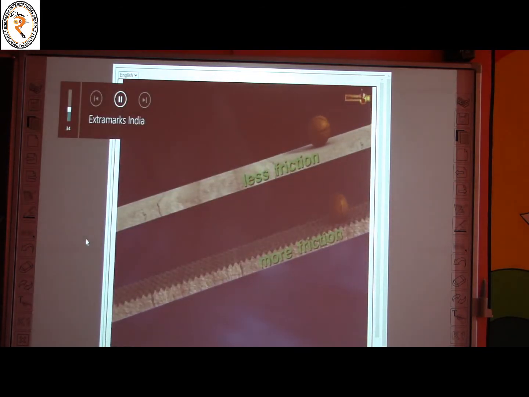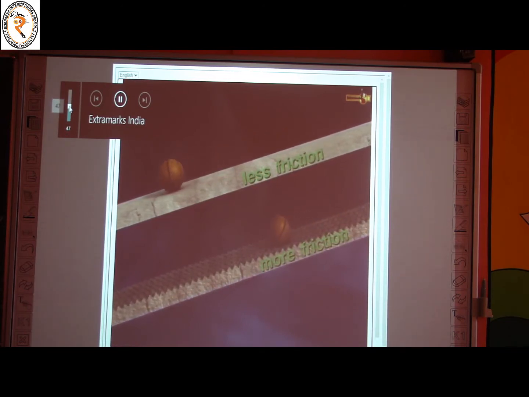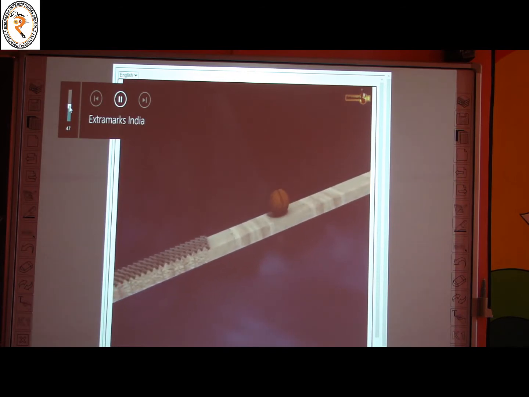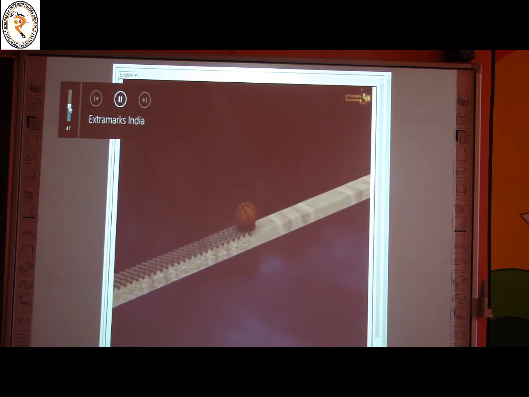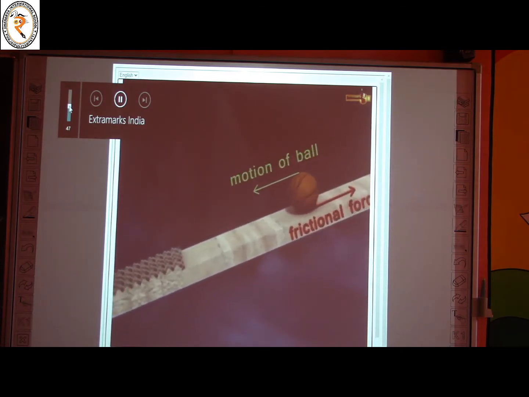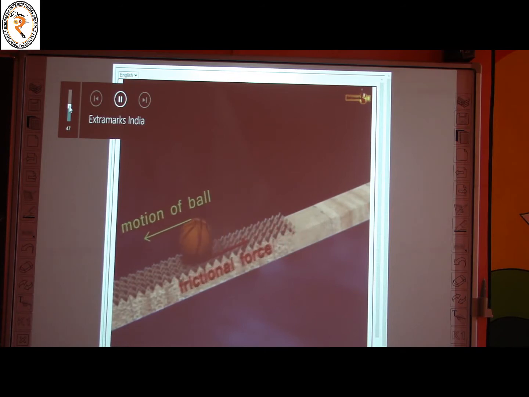Friction force is generated when two surfaces move or try to move across each other. The amount of friction produced depends on the texture of both the surfaces and the amount of contact force that is pushing the two surfaces together. The force of friction acts in the direction opposite to the direction of motion of the object.